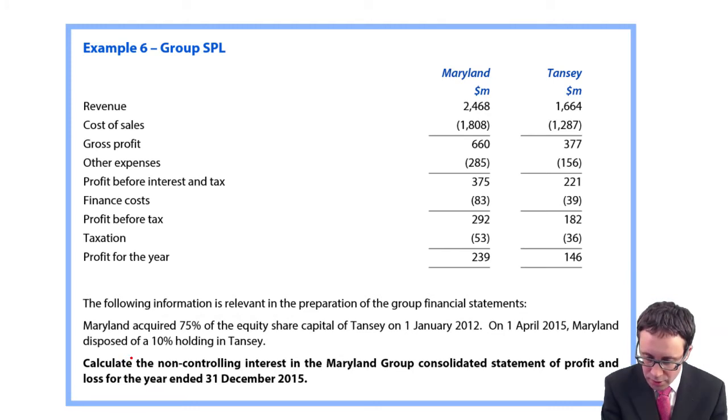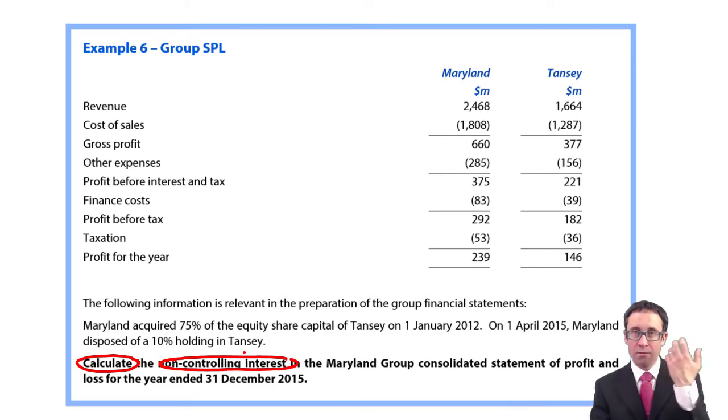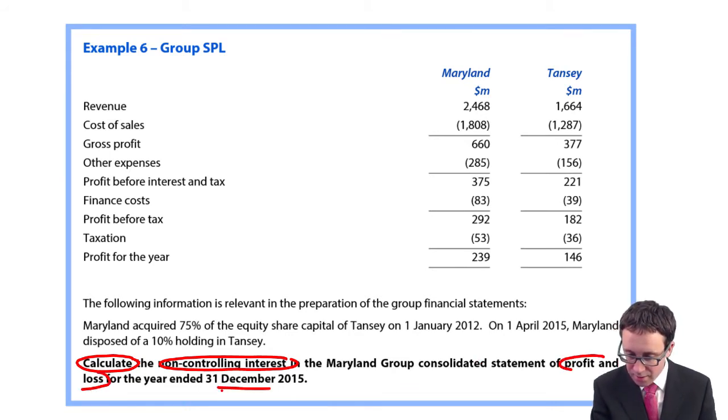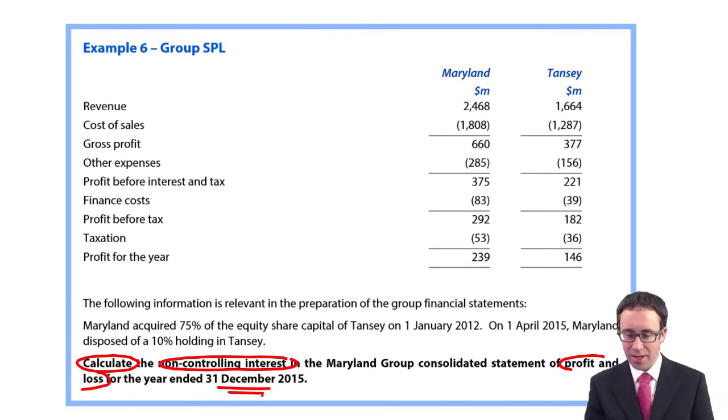And what it wants us to do is to calculate the non-controlling interest in the Maryland group. So Maryland must be the parent, in the consolidated statements of profit or loss, and our year ended is the 31st of December 2015. Okay, so what have we got? We can see there you've got Maryland.